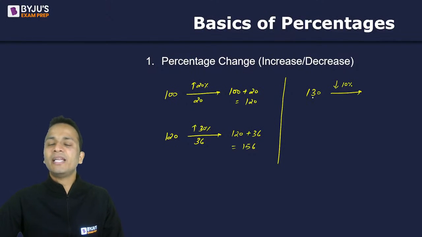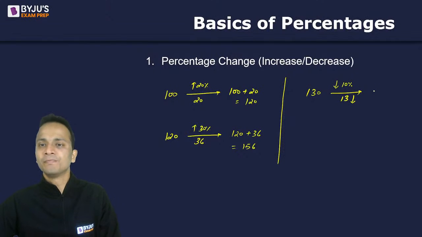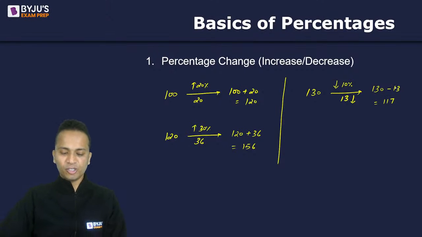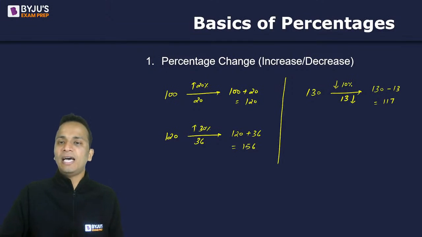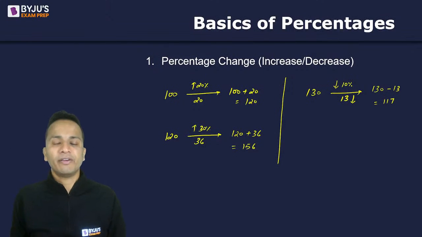So I'll calculate 10% of 130, which is 13, and I'll reduce 130 by 13. Okay, so the final value will look like 130 minus 13, and that is 117. Okay, so this is how we calculate the final value when initial and the percentage change is given.